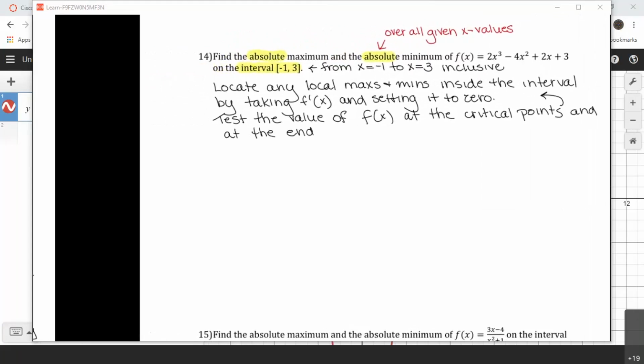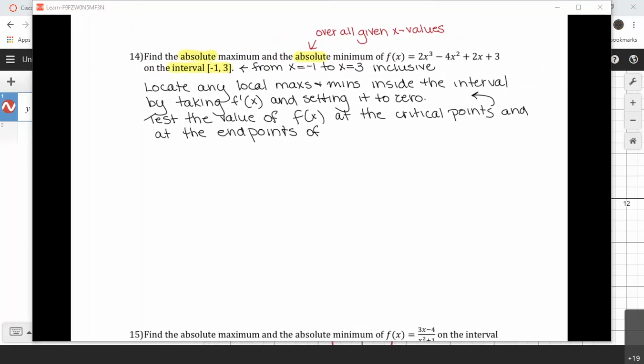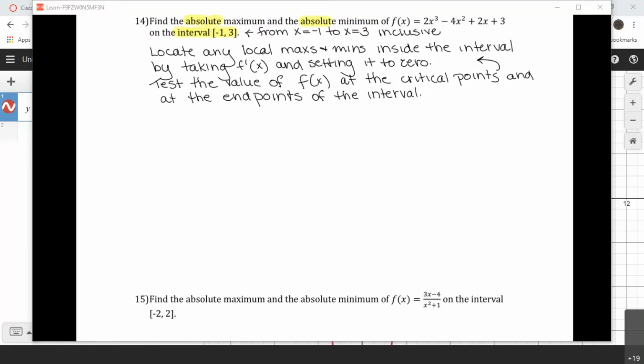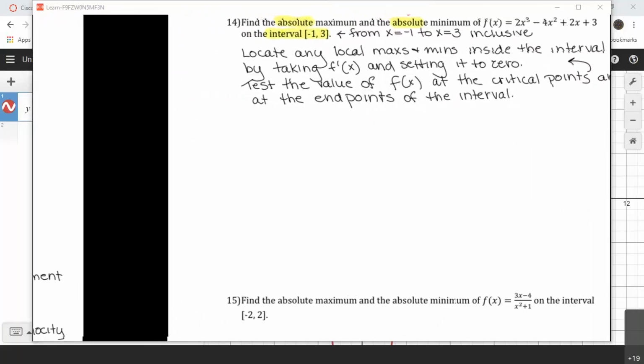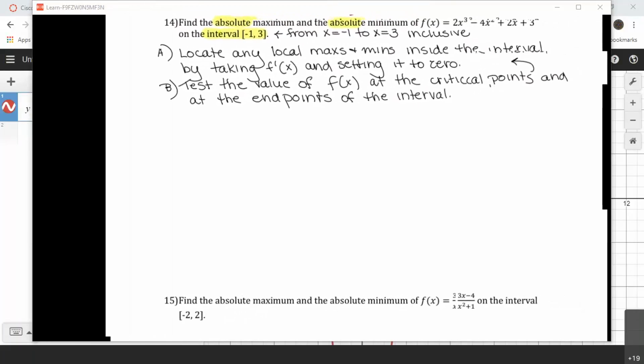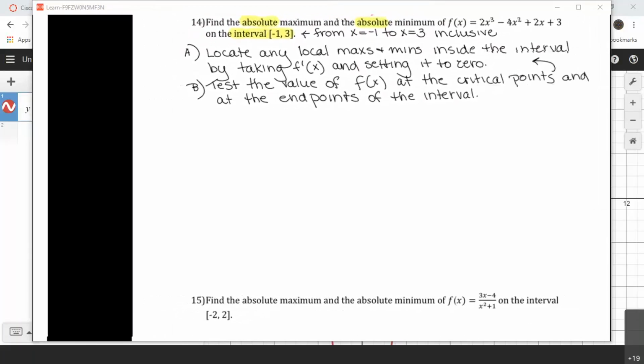Again, you may have the situation where your highest value is actually one of your interval endpoints, so you've got to check them. I've kind of just written out a cookbook strategy. Here's step A, here's step B. It's just 2 steps. It's not that involved. So the first thing I'm going to do is take my derivative.